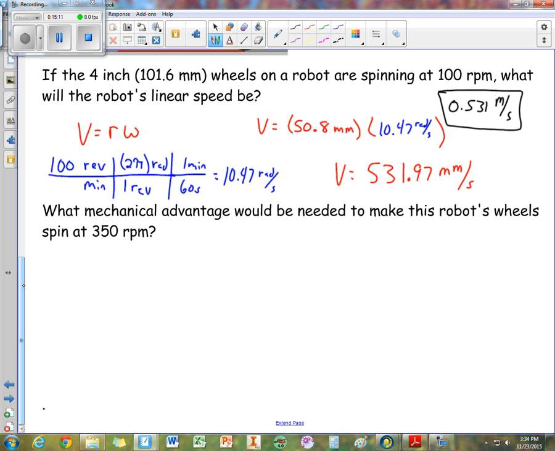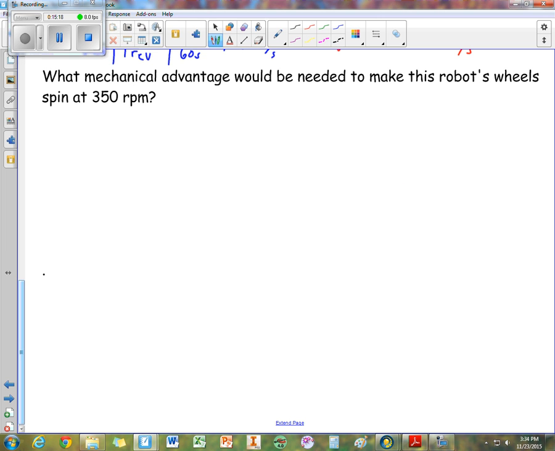All right, so what mechanical advantage will be needed to make this robot's wheel spin at 350 RPMs? Well, remember that the output rotational speed equals the input rotational speed divided by mechanical advantage. So, mechanical advantage then would equal the input rotational speed divided by the output rotational speed.